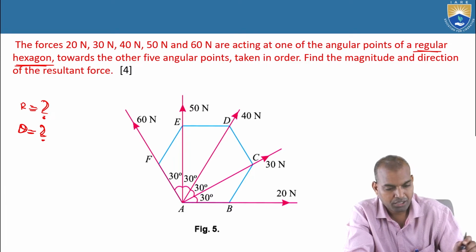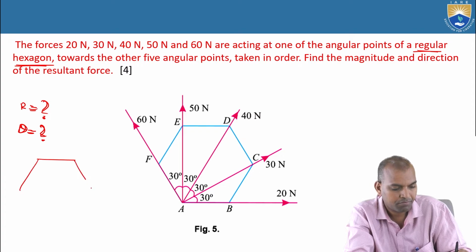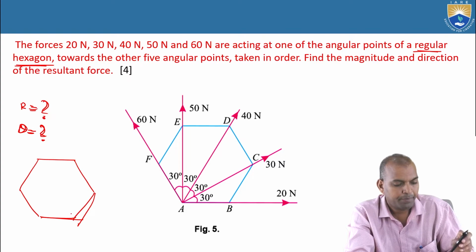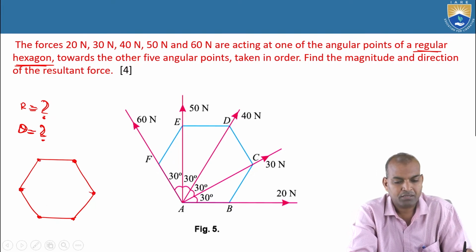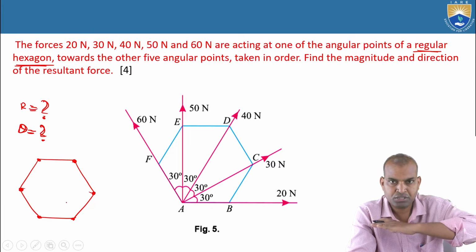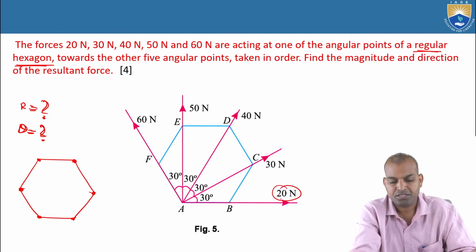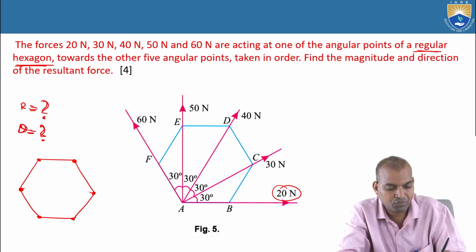So let us base it on the hexagon and its 5 angular points taken in order. The order is that first, 20 newtons is horizontal, and it looks like 30 degrees here. If you measure this angle, what is it? 120 degrees.